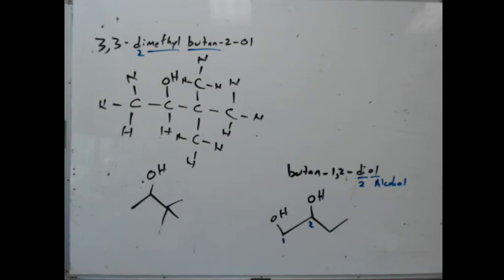Sometimes you get special names for things, depending on the combinations of functional groups. For example, having an amine group, which is an NH2 group, and a carboxylic acid group in the same compound is a very common thing, but those have special names.